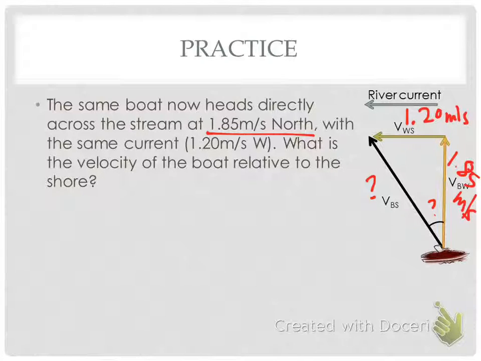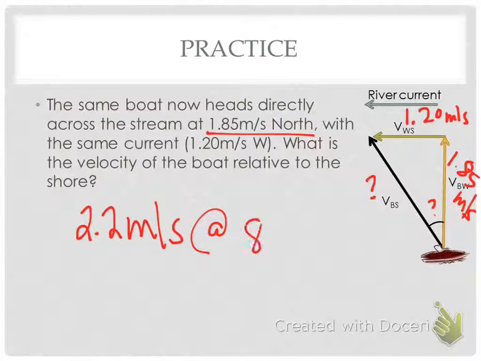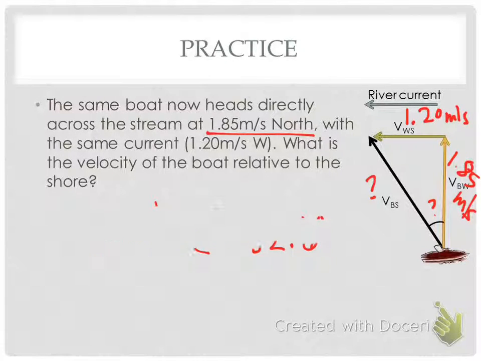All right, Keenan, what do you have for just the magnitude of the velocity? 2.2 meters per second. Good. Alicia, do you have the angle for me? 82.6 degrees. Not what we got. Okay, wait, was it 2.2?